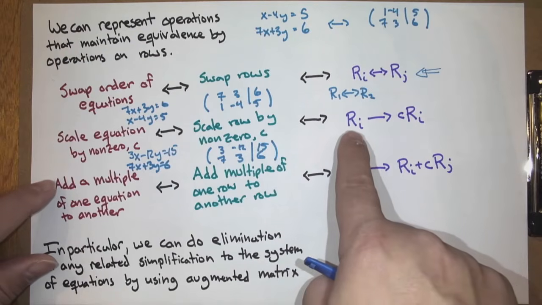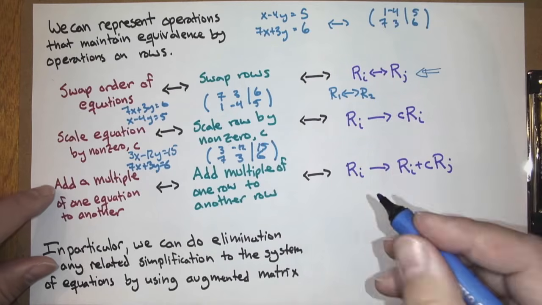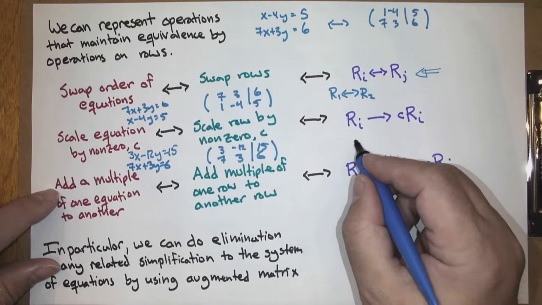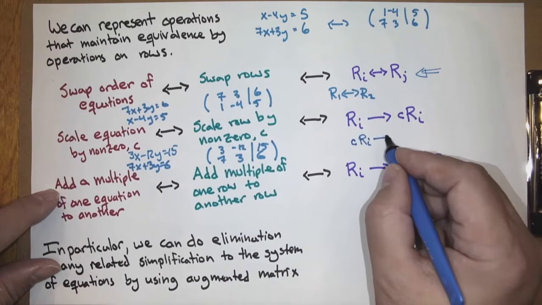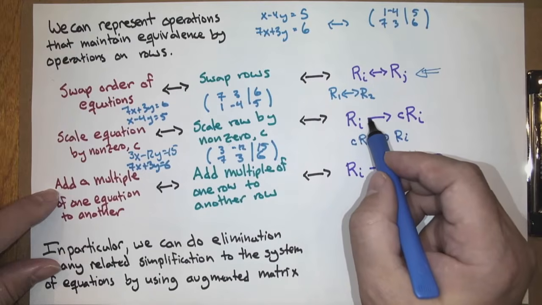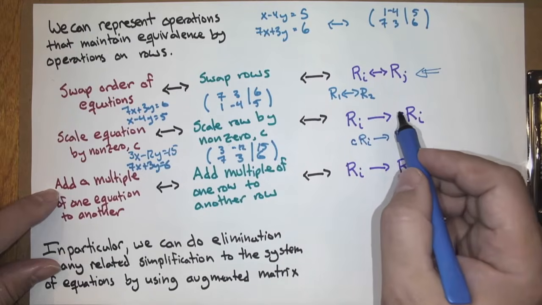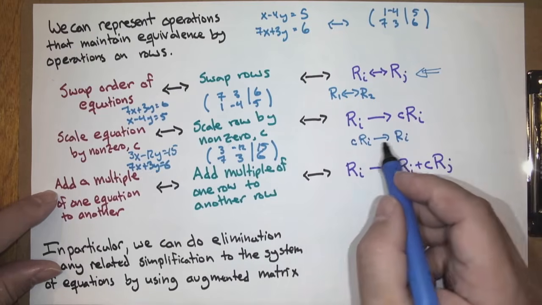I like to think of it as row I becomes some constant times row I, and the book likes to say it the other way: if you take constant times row I, that replaces row I. So I think of it as this is being replaced by, the book says this replaces. And I apologize for the confusion.